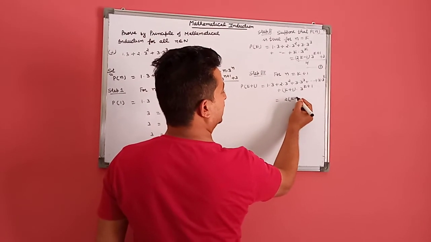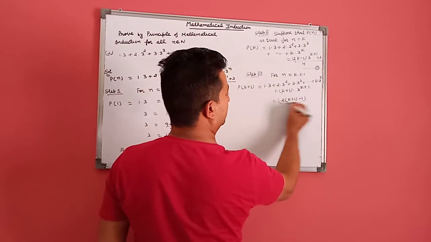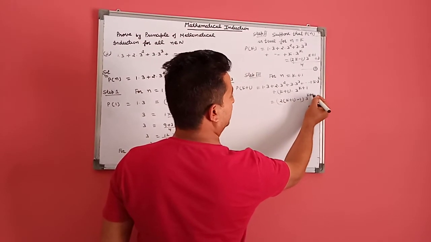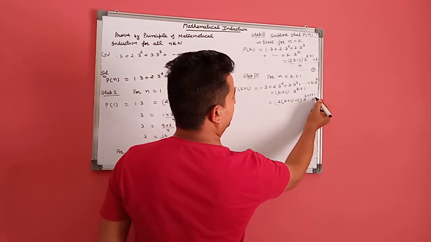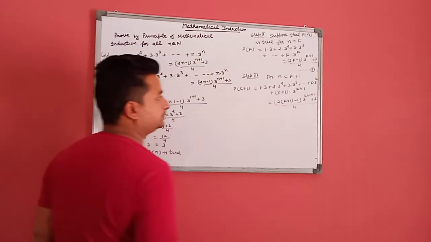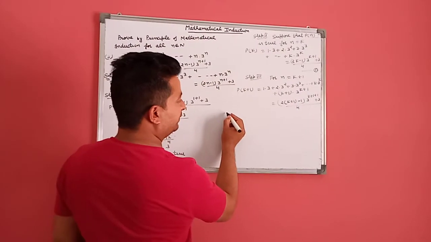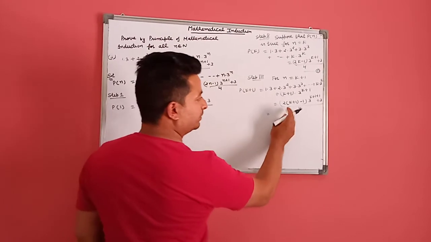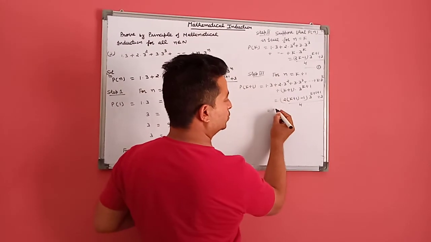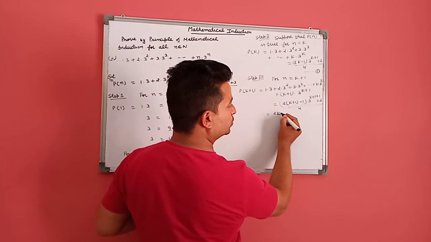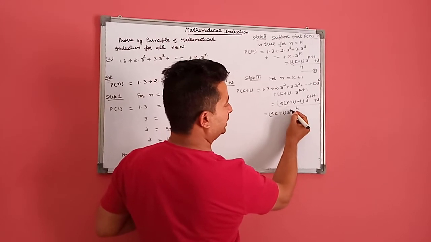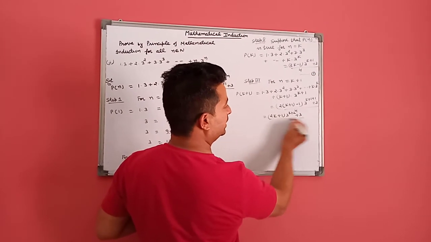This equals 2 times k plus 1 minus 1, 3 power k plus 1 plus 1, plus 3 by 4. When we solve this, we get 2k plus 2 minus 1, that is 2k plus 1, 3 power k plus 2, plus 3 by 4.